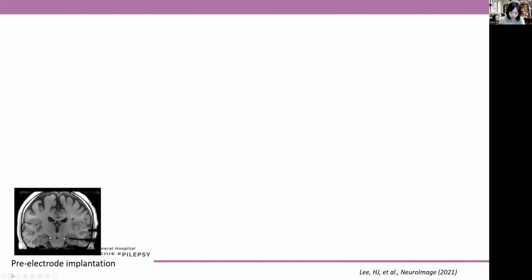Intracranial EEG study, either by subdural grid or stereo EEG, has problems in sampling. It is not possible to implant the electrodes all over the brain. The neural activity not sampled by the SEEG could be estimated by intracranial source modeling.